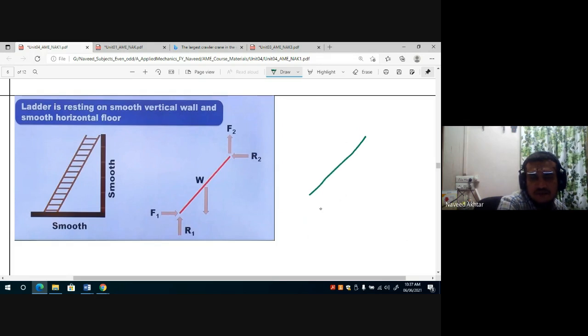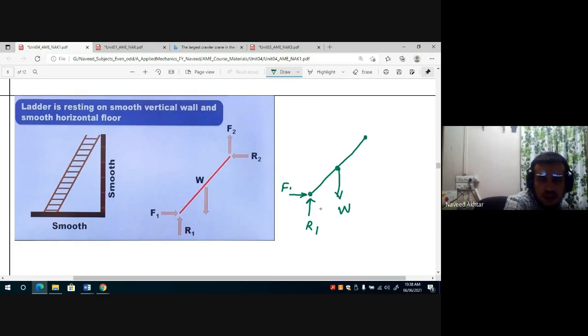This is the ladder, and at its center, the CG, the self-weight W acts downward. Then the friction force which opposes the motion, F1, and the reaction force from the ground, R1, at this point.